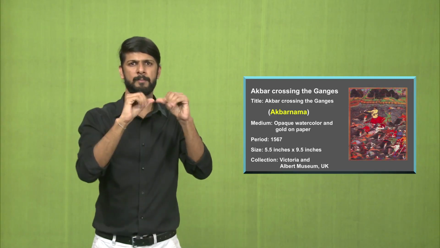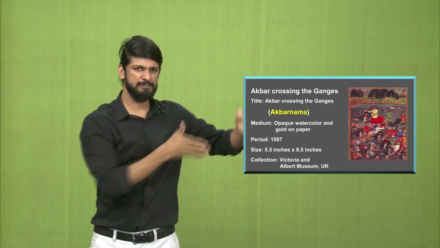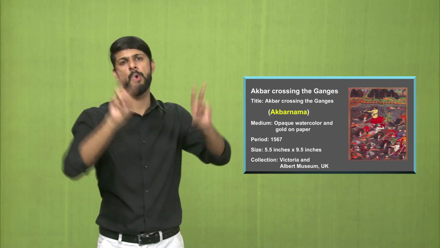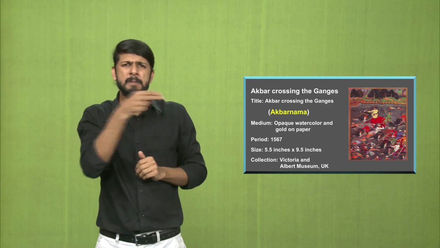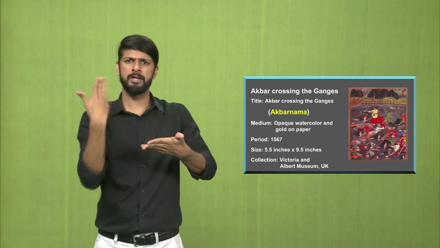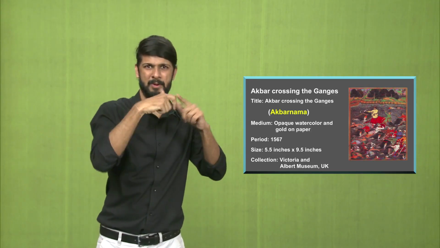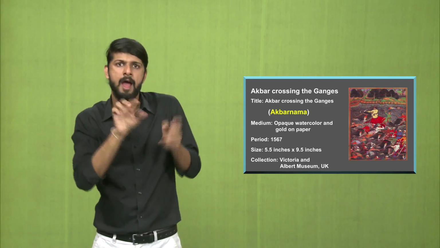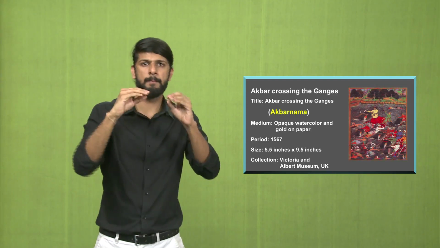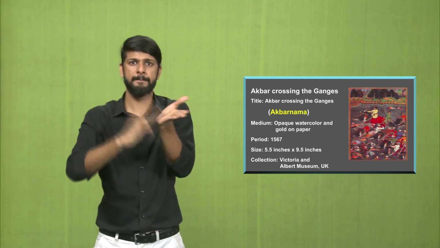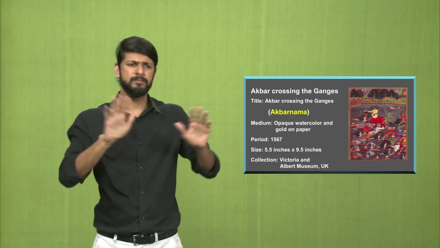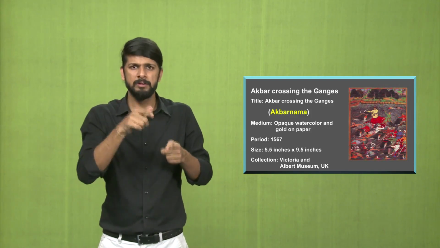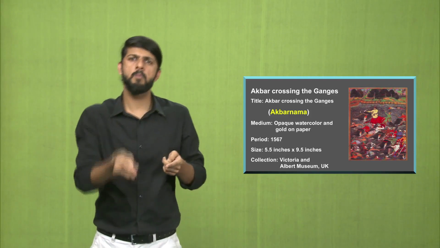The illustration is Akbar crossing the Ganges. This illustration is from the Akbarnama, which is the painted manuscript in honor of Emperor Akbar. The medium is opaque watercolor and gold on paper.